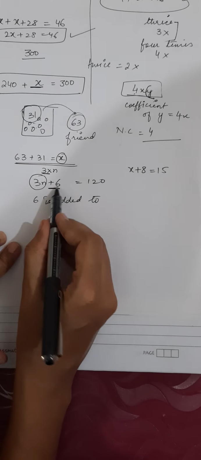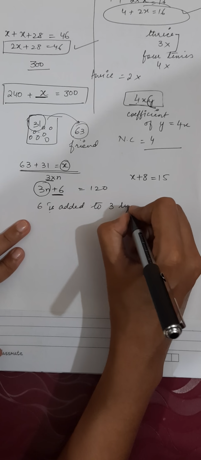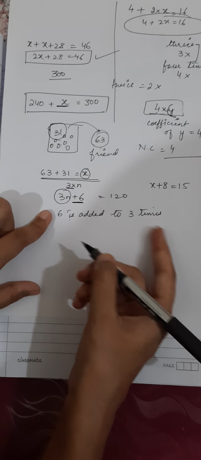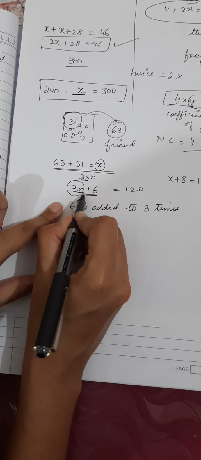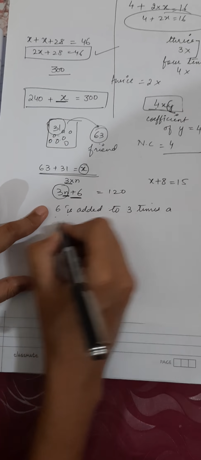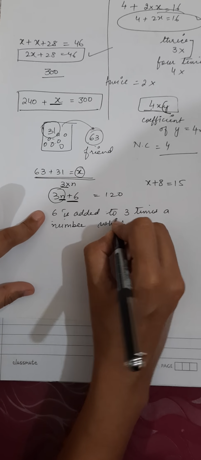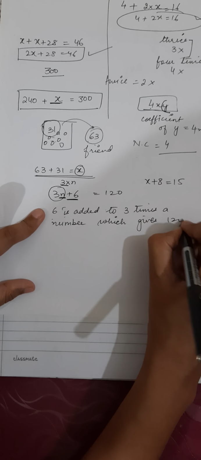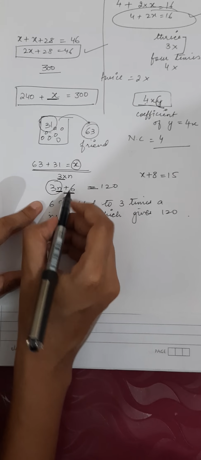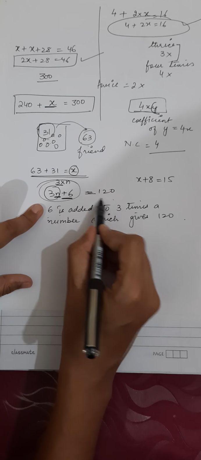Or you can write, 6 is added to 3 times a number. Why a number? Because we don't know the value of this n. So 6 is added to 3 times a number, which gives 120, because equals to is there, and after solving this it will give me 120.